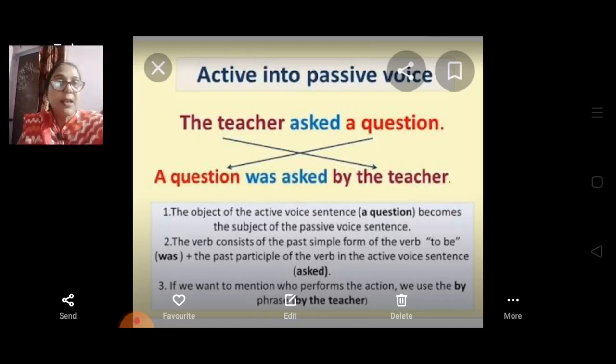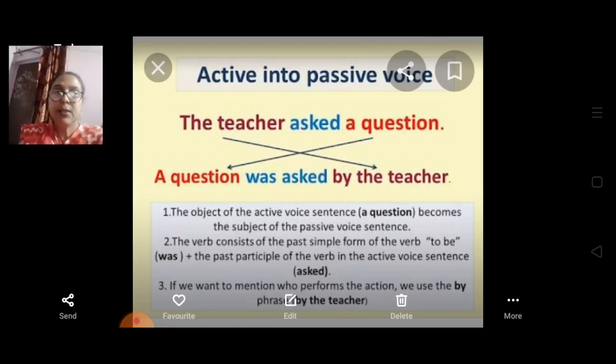As we have discussed, we change the pronouns, nouns remain nouns, the past participle will be used, and be will be there because we are supposed to use a linking verb whenever we make active to passive voice. So we just have a review of how to change active to passive voice in a simple form. From tomorrow onwards we will talk about present tense active to passive, past tense active to passive, and future tense active to passive.